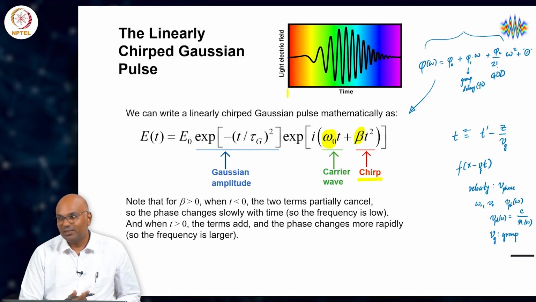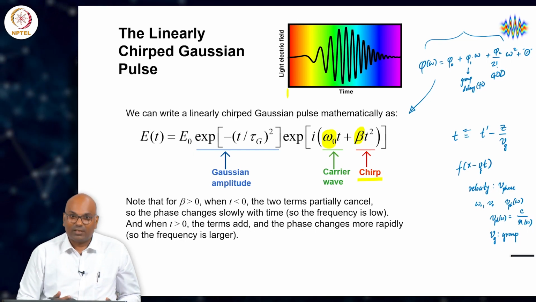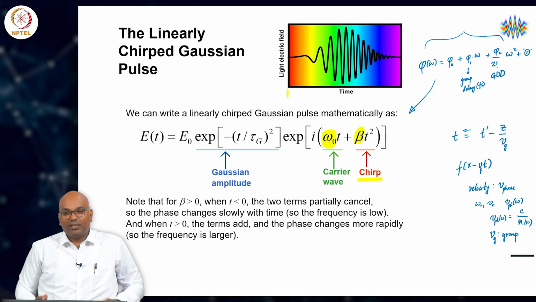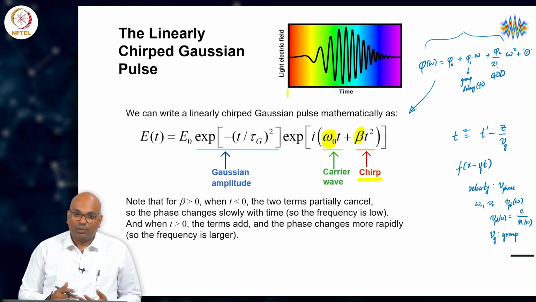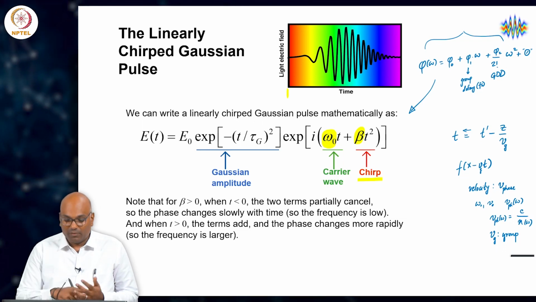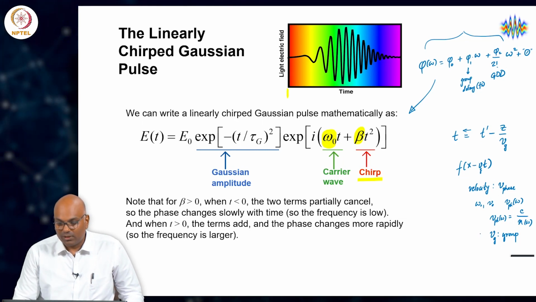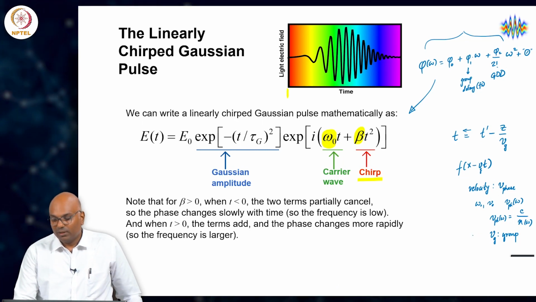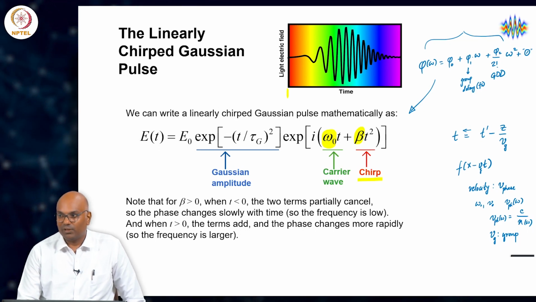Or what about phase velocity? Can it be faster than the speed of light in a medium? This has given rise to concepts like superluminal propagation of light and fascinating optical scenarios, which we are not going to discuss in any detail here, but there is something in the physics of group versus phase velocities.